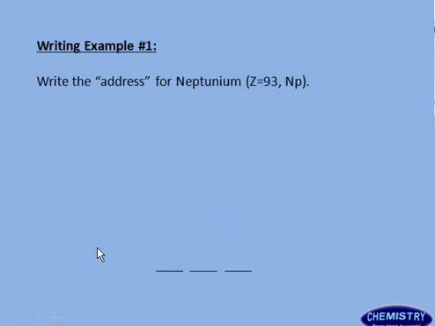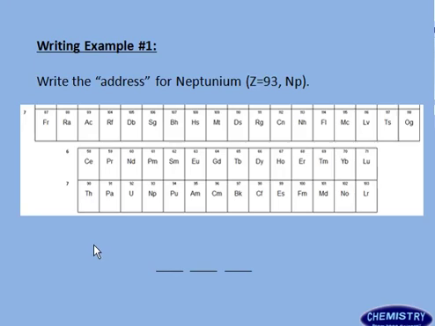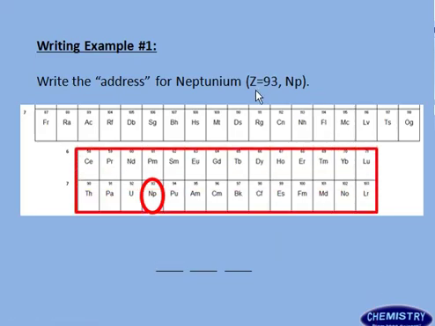So writing example number 1 is the address for Neptunium. I've copied the part of the periodic table with Neptunium in it. It's element number 93. And I always like to start with the block because we know the block drives the principal energy level in the D and the F block. So here we are in the F block, which means that this is principal energy level 4 and this is principal energy level 5.